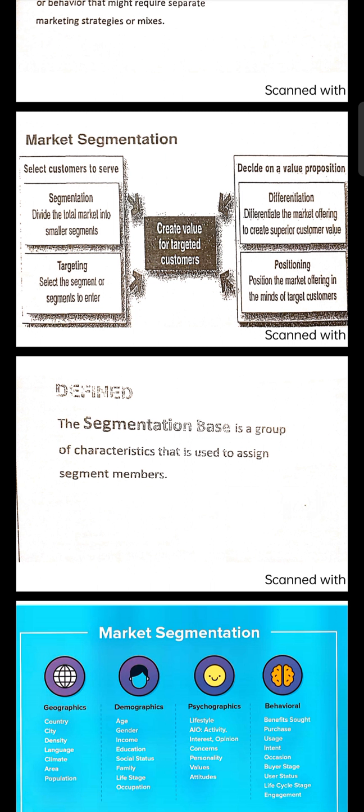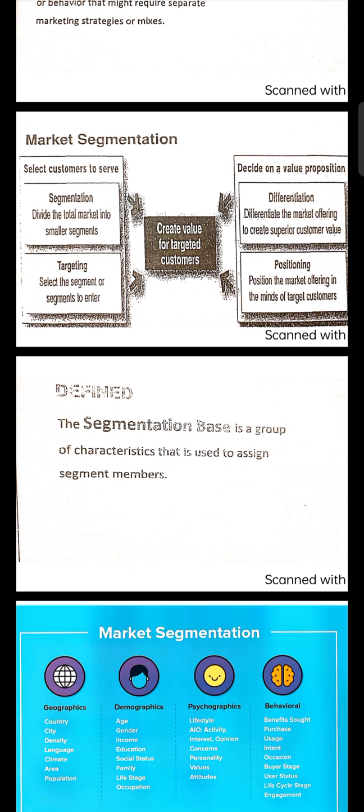So another category is decide on a value proposition. It helps with differentiation, so differentiate the market offering to create a superior customer value. Maybe you can differentiate the markets into a high income group, middle income group, or low income group, something like that.